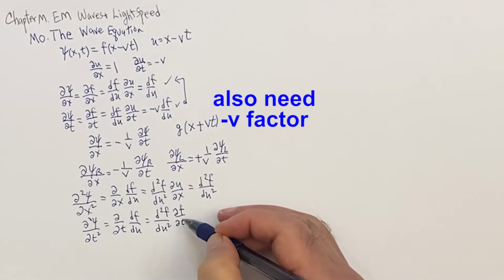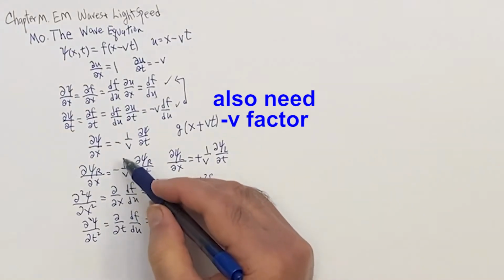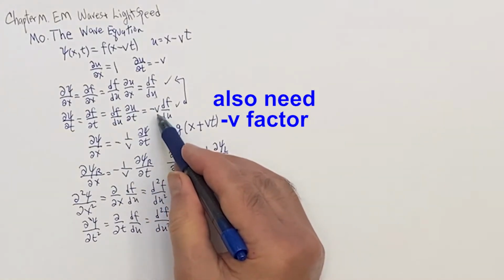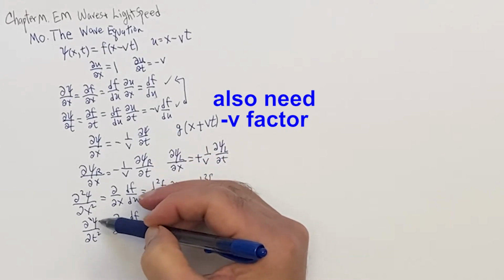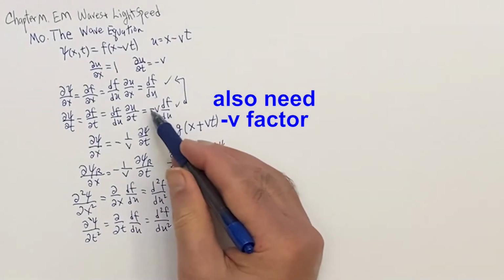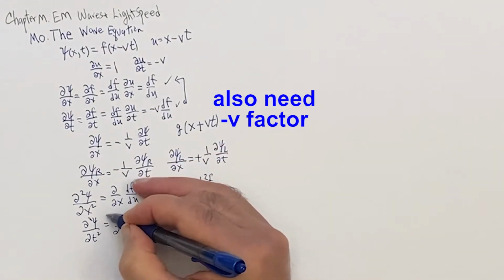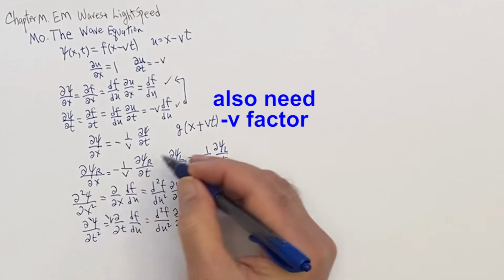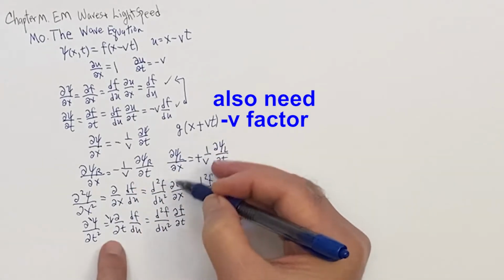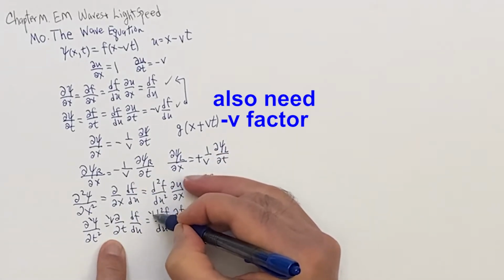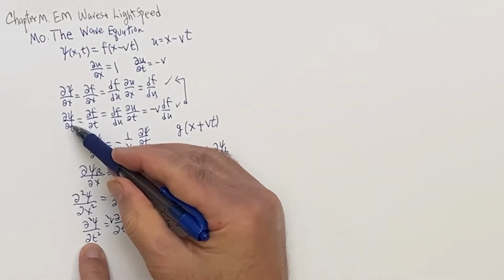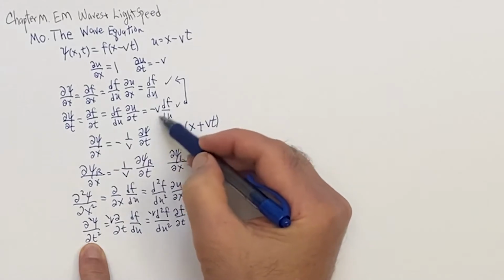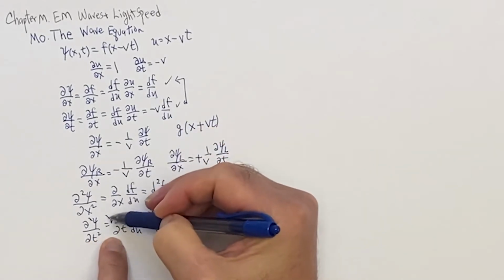So here we are looking at, let's see, we dropped something. Let's just go back for a second. When we have the second derivative, there's a minus v in here, so we need to put that back, minus v. And there is still that minus v here. That came from over here. When I took the second derivative with respect to time, I need to have that minus v in the front.